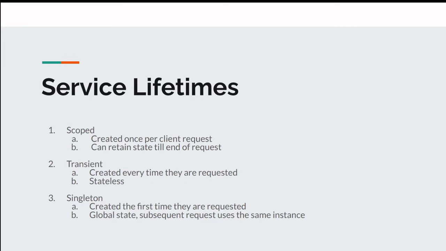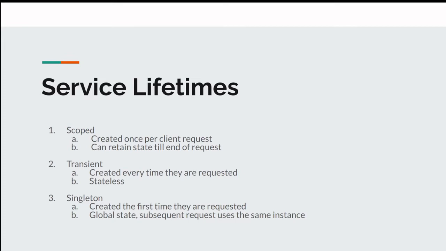Now the transient service is quite different from the scoped service, as in it can't really maintain any state. It creates a brand new instance every time you request it. So if we look at that same example with the HTTP request, it doesn't matter how many times we call this service.